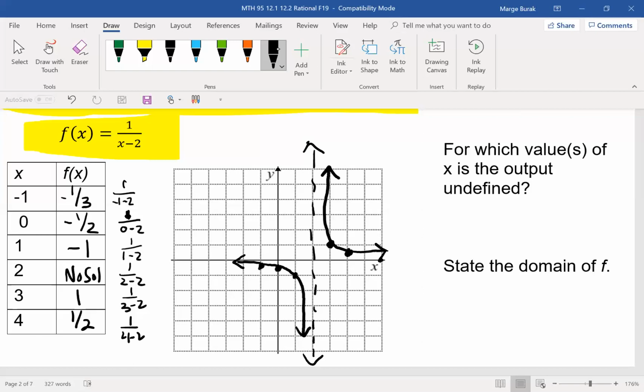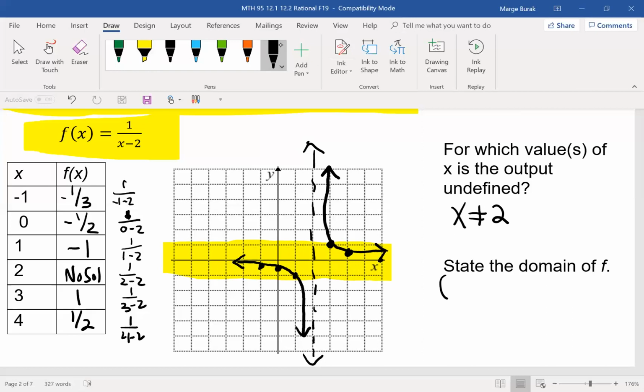For which value of x is the output undefined? As we found out, x cannot equal 2. And so the domain of this function, if you remember the domains, we're going to talk about the x-axis and which values on the x-axis.